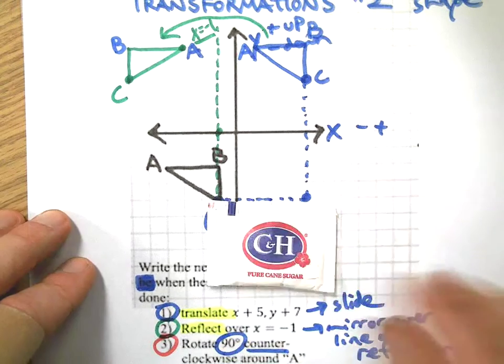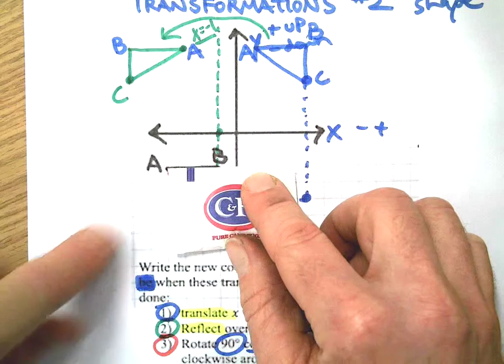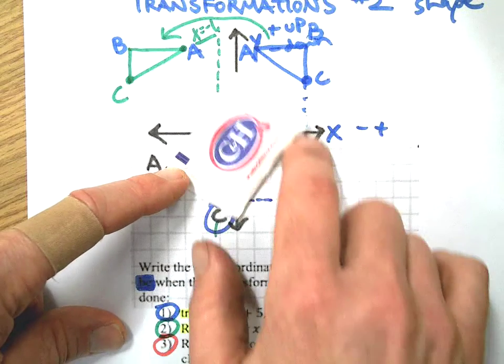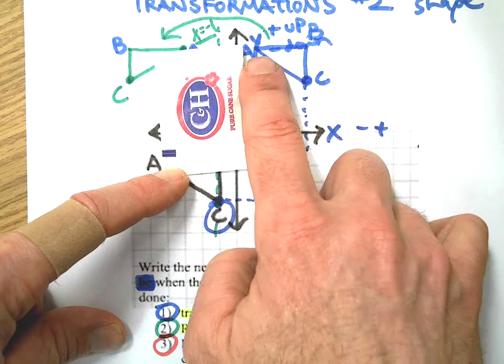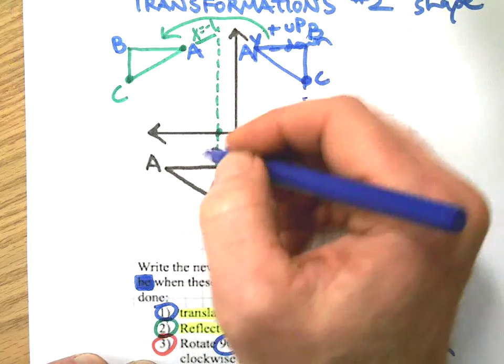Whew, complicated. I like to go back to my sugar packet. So if I'm going to rotate it 90 degrees opposite around A, then it's going to go like this. Okay, so let's do that.